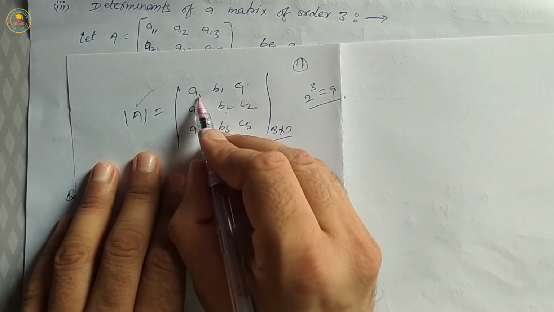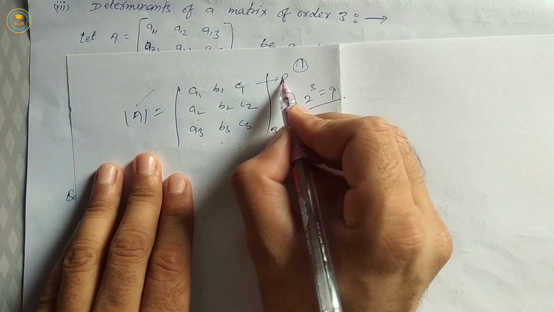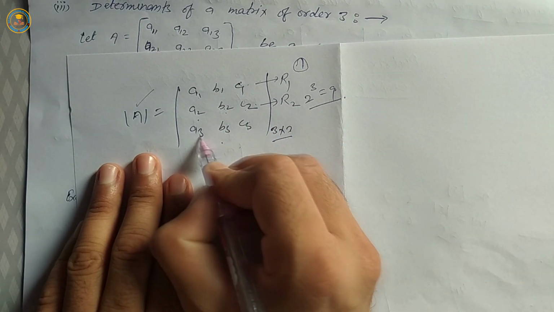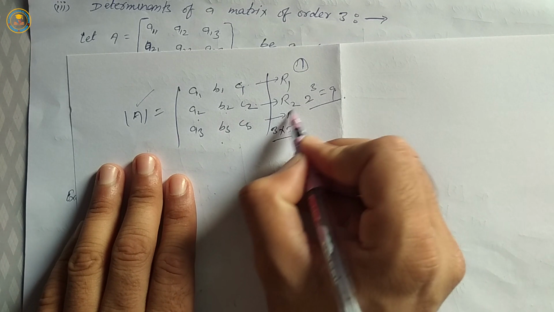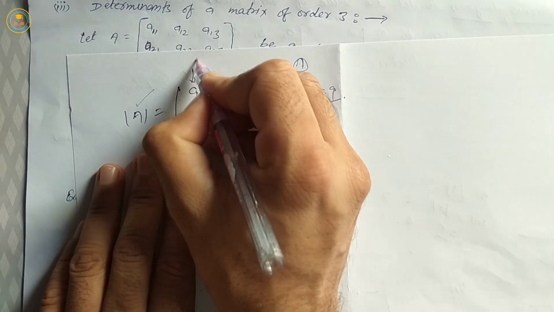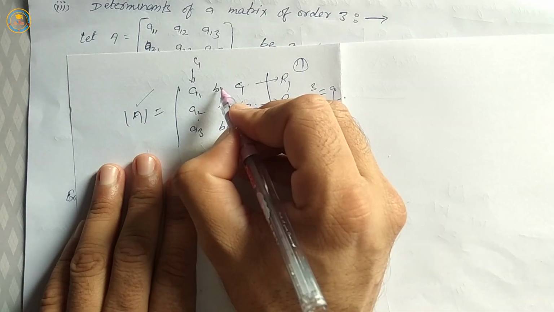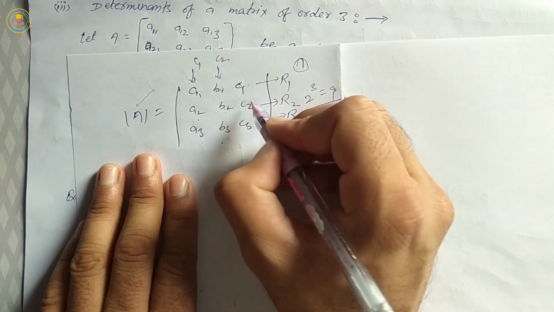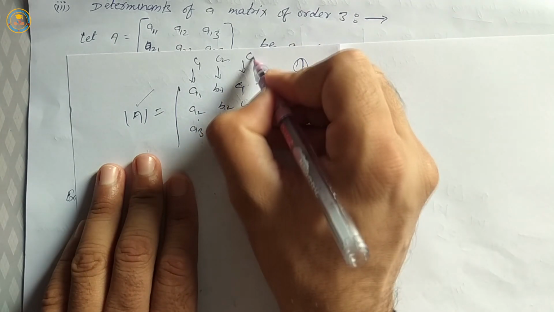It has A1, B1, C1 first row, A2, B2, C2 second row, A3, B3, C3 third row. Okay, and A1, A2, A3 first column, B1, B2, B3 second column, C1, C2, C3 third column.